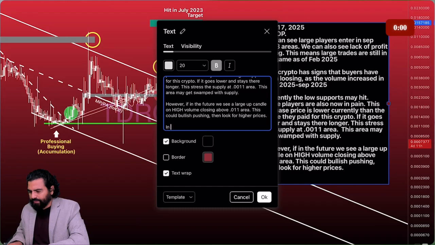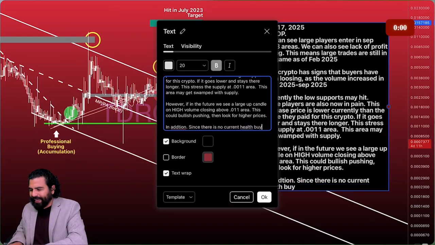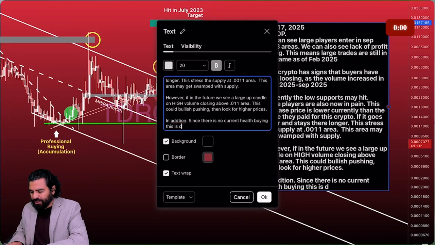In addition, since there is no current health, buying this is dangerous at this time.